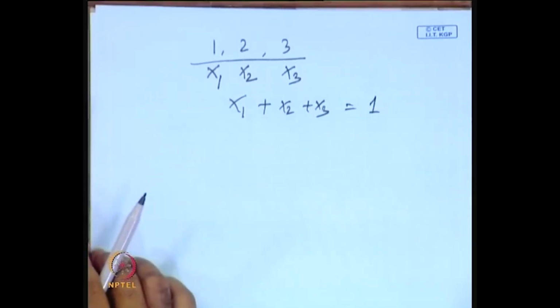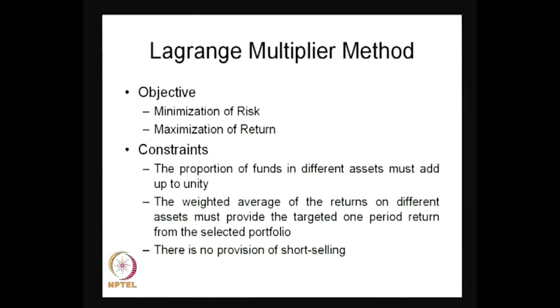Then another constraint is the weighted average of the returns on investment assets. The weighted average of the return on different assets must provide the targeted one-period return from the selected portfolio.